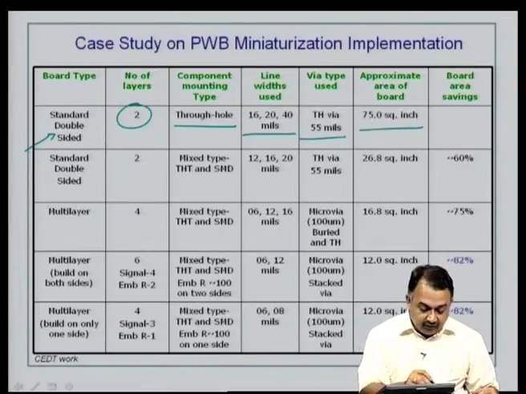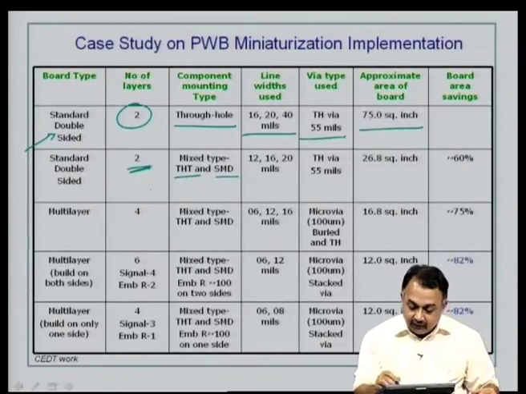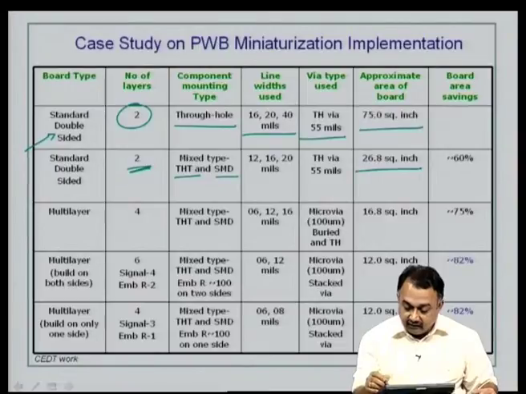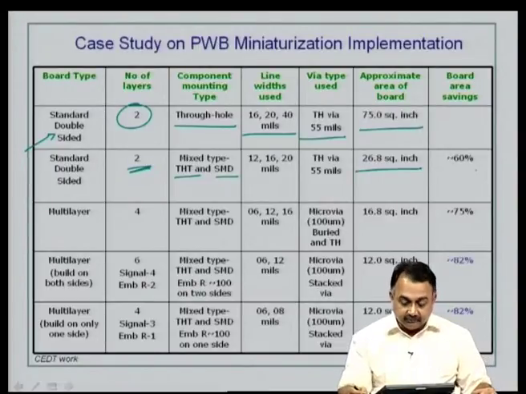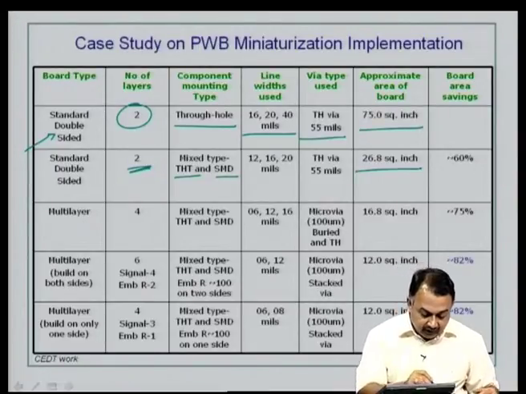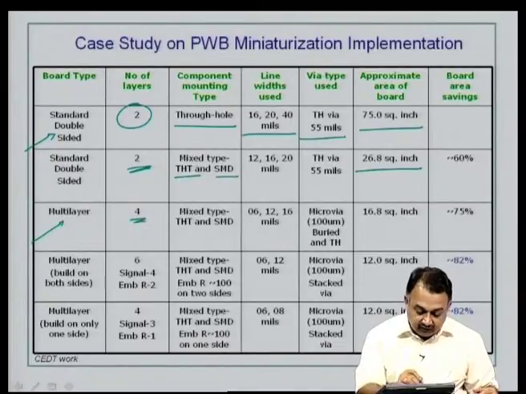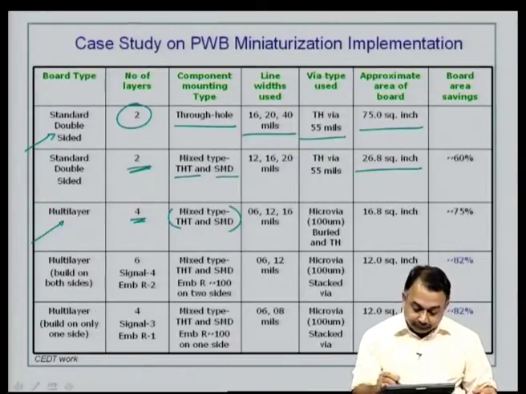Then we try to move into the next step using through hole and surface mount devices, again 2 layer board, and you can see that the area of the board has been reduced. So, the board area savings is 60%. Now, it has been fabricated as a multi-layer, the same circuit, 4 layers, mixed component type, through hole and SMD.